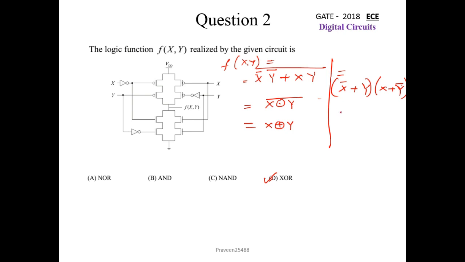On simplifying this and bar of this, we'll get x bar would be 0 and y bar would be 0. So it would be x bar y bar plus x y, complement of this. Again, it is the same term, so it would be equal to x XOR y. So our correct option is D.